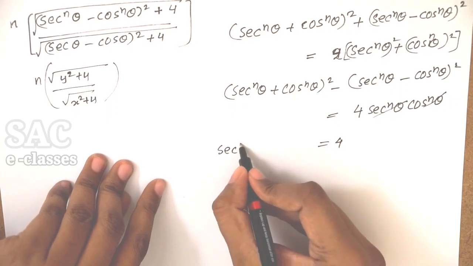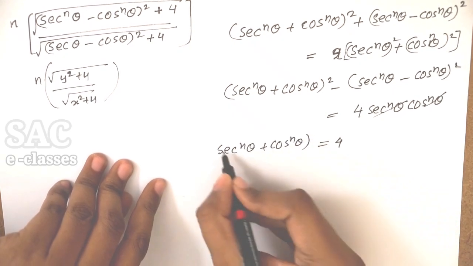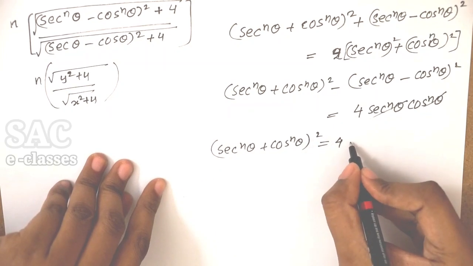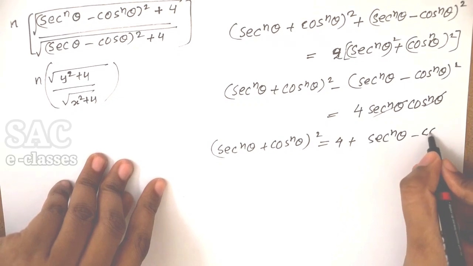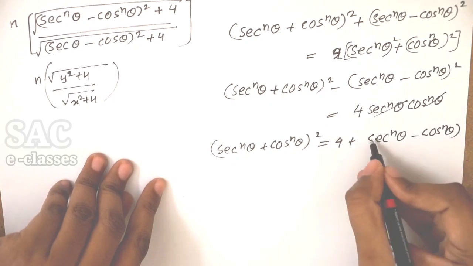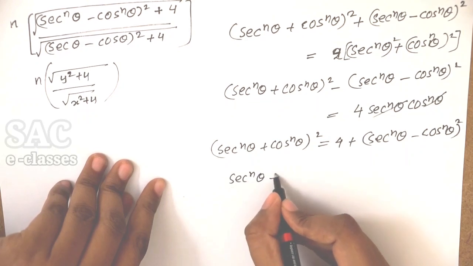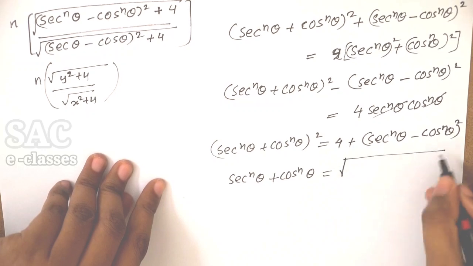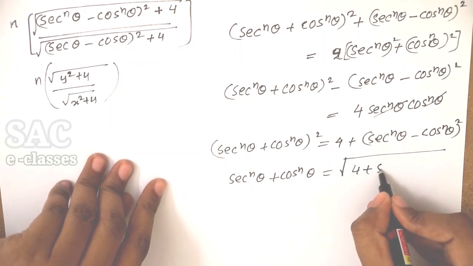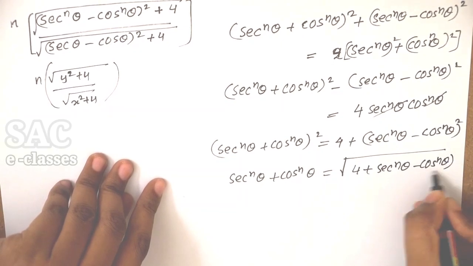So now I can write secant power n theta plus cos power n theta whole square is equal to 4 plus secant power n theta minus cos power n theta whole square. Then secant power n theta plus cos power n theta is equal to root over 4 plus secant power n theta minus cos power n theta whole square.